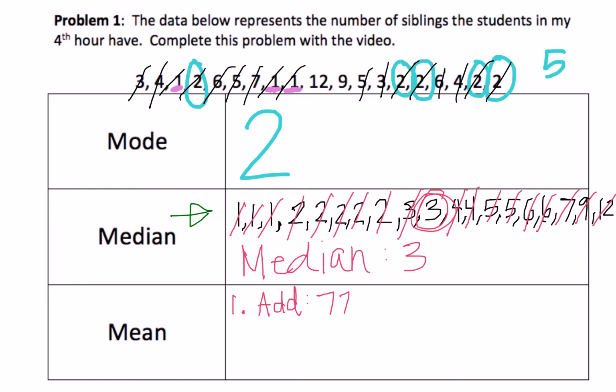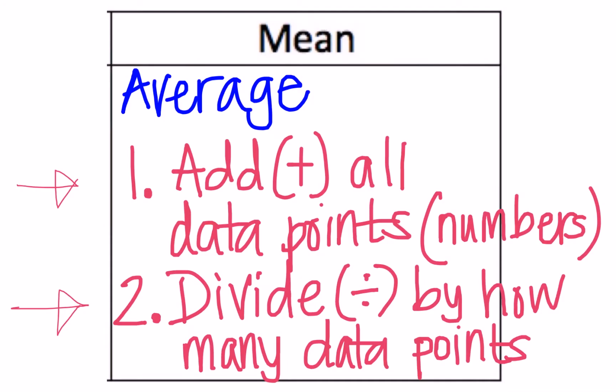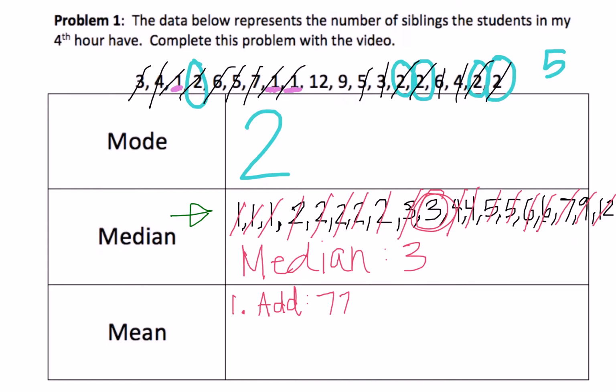Okay, now step 2 says that we are going to divide by how many data points that we have. So let's see how many numbers I have. If I count them, 1, 2, 3, 4, 5, 6, 7, 8, 9, 10, 11, 12, 13, 14, 15, 16, 17, 18, 19.